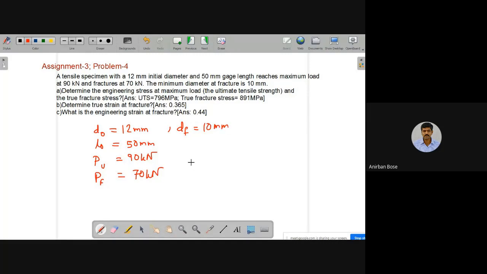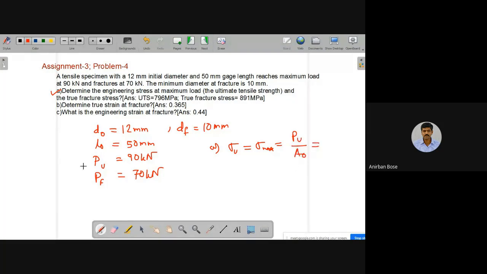Okay, so what you have to find out? So first you have to determine the engineering stress at the maximum load, part A. So engineering stress at maximum load is sigma max or sigma ultimate, and that you can calculate by Pu divided by the initial area.